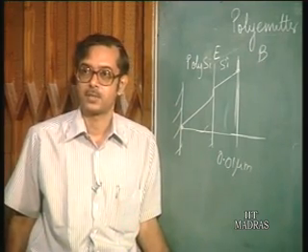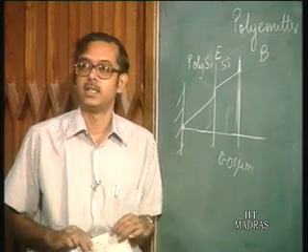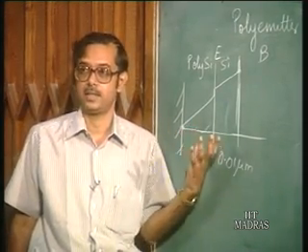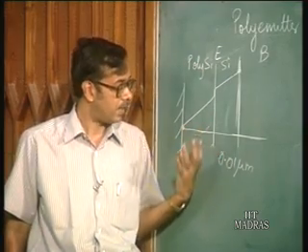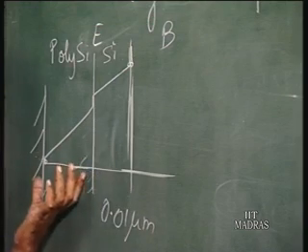So, in fact, in these polyemitter transistors you can get very large gains. Gains means current gains, that is beta, because of this property of using a polyemitter.